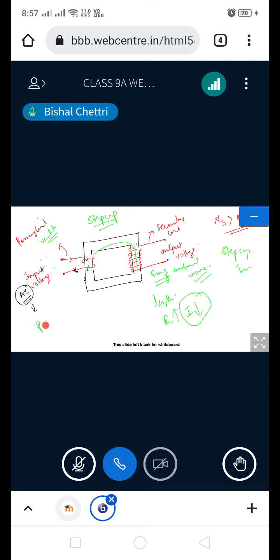Power is V into I: input voltage, input current, and on this side, output voltage into output current. If it is an ideal transformer, the input power has to be equal to the output power, or not? Because we know that if it is an ideal transformer, work input will be equal to work output, or not?